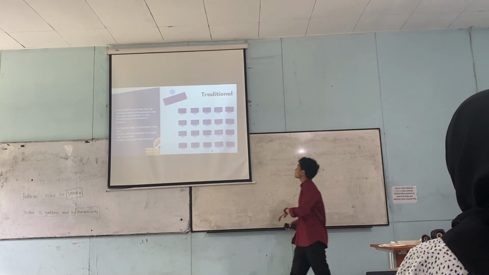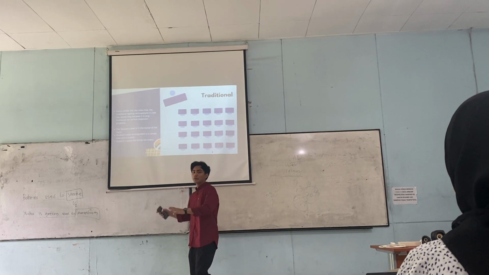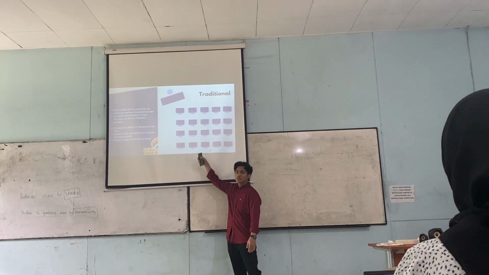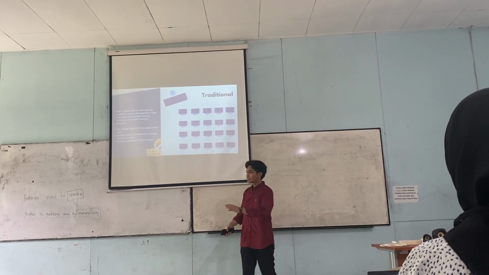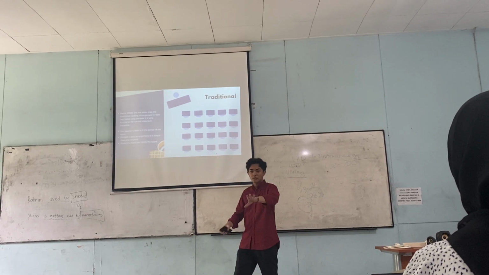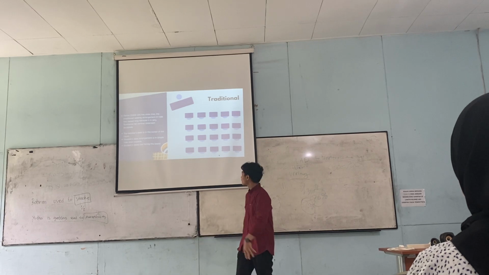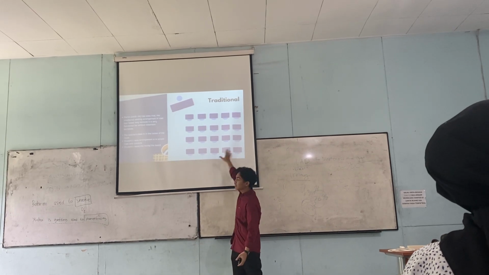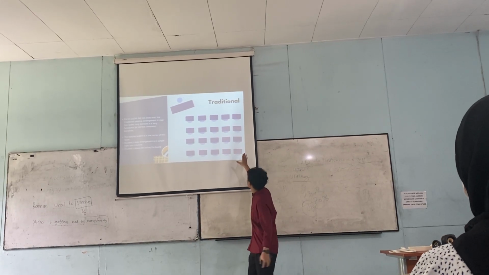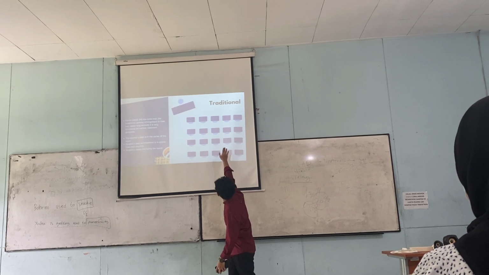Alright, this is one of the most common ways to teach your students, the modified traditional seating arrangement. In this class we have several chairs with tables, for example 4, 8, 12, 16.